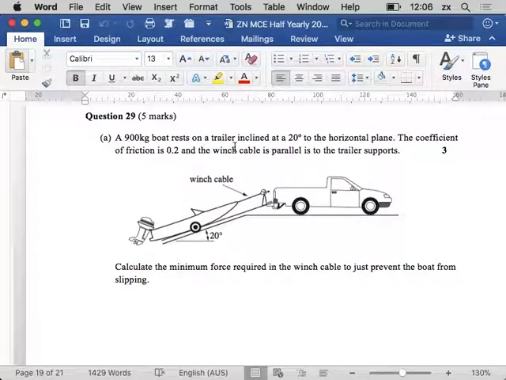Now, how do we figure out what FF is? What's our formula for friction? Mu N. The problem is we don't know what N is, do we? Well, we do.